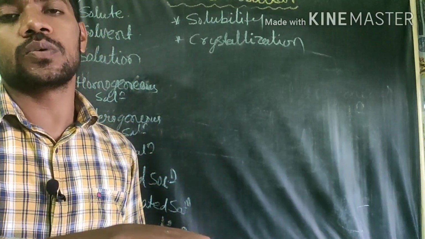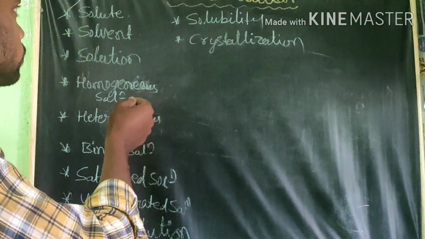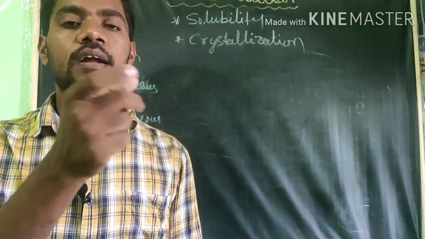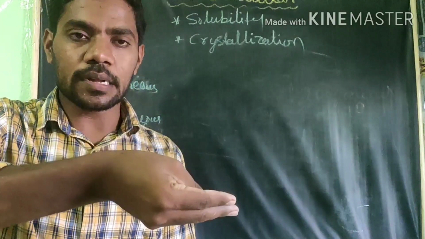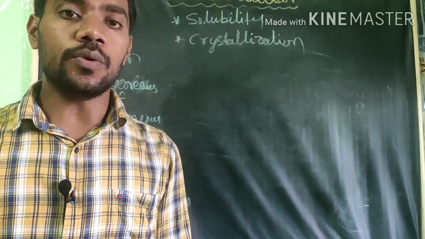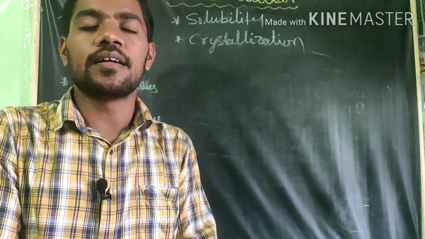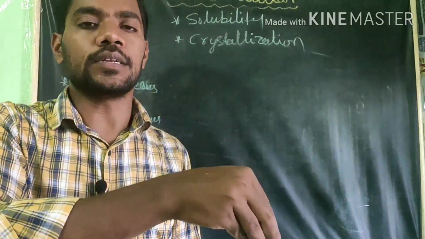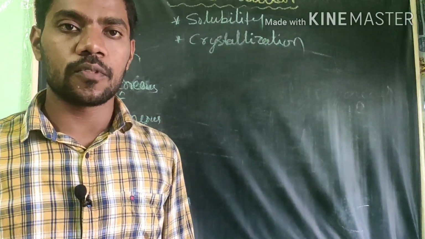In one more way they define it: the small quantity of a substance is called solute. If we add a small quantity of sugar and much more water, the sugar is the solute. That is the substance we are adding to the solution.